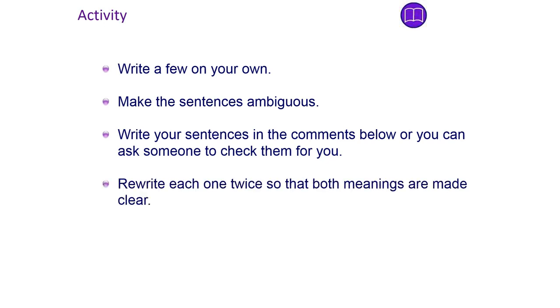Then you're going to rewrite each one twice so that both meanings are made clear. So you're first going to write your ambiguous sentences, and then you're going to rewrite each sentence twice so that we can see the meanings are clear in your writing and you've corrected the ambiguity.